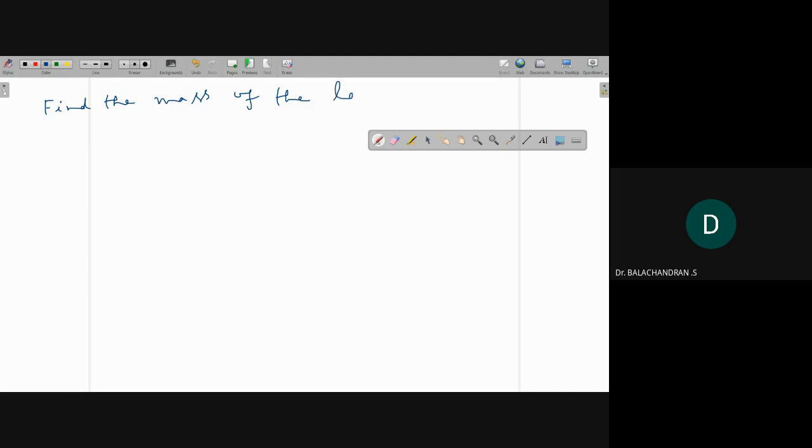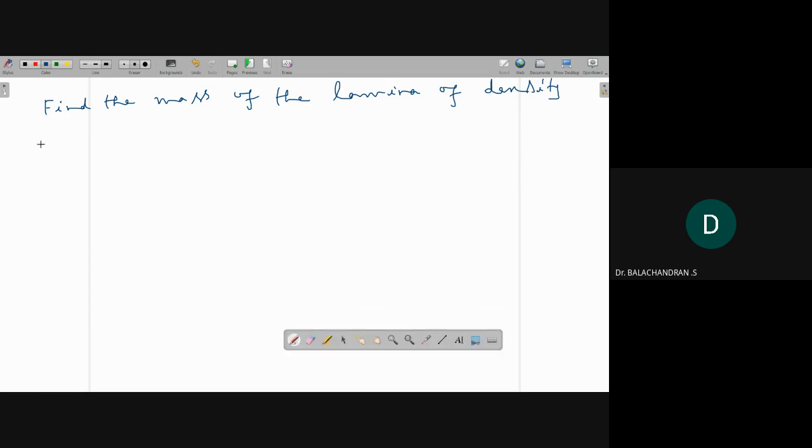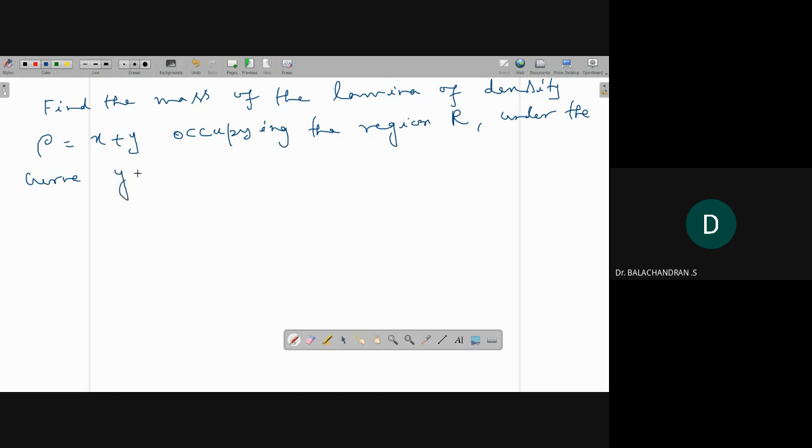Find the mass of the lamina of density rho equal to x plus y occupying the region under the curve y equal to x square in the interval 0 less than or equal to x less than or equal to 2.